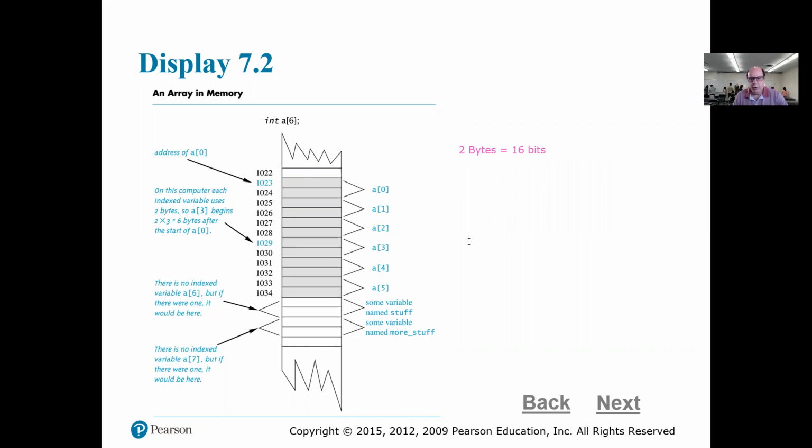When it creates an array in the data section of the memory, it's going to go to location 1023, and it's going to reserve 2 times 6, that's 12. So 1, 2, 3, 4, 5, 6, 7, 8, 9, 10, 11, 12.